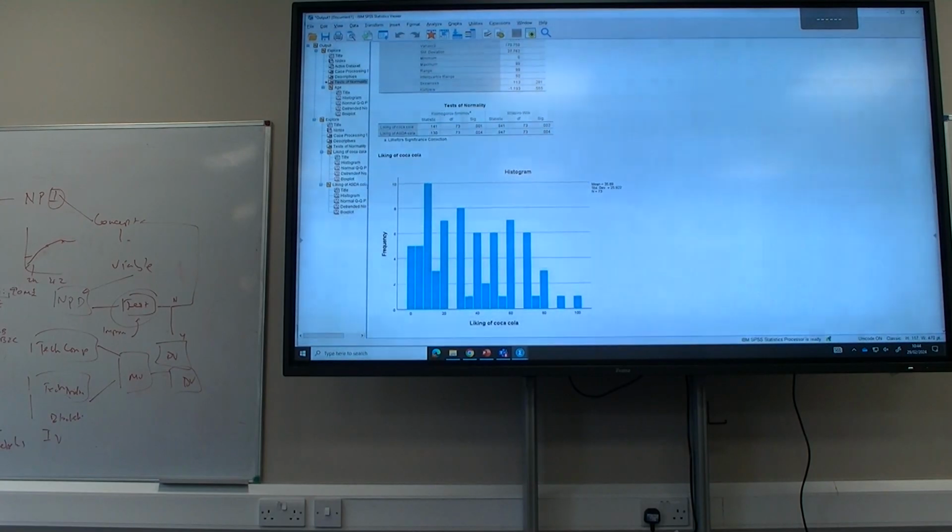Yeah, so here both are below 0.05. The Coca-Cola is smaller, that means there is more skew in the Coca-Cola.